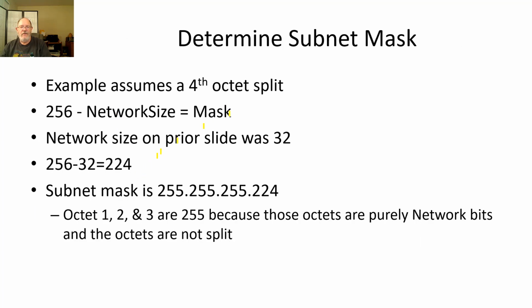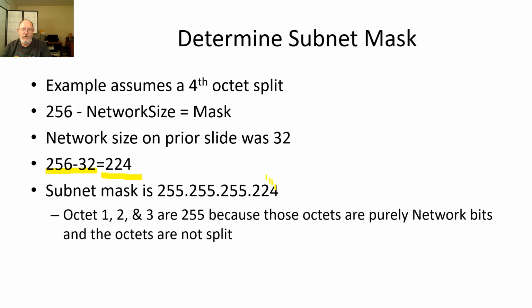Now here's the fun part: determining your subnet mask. This is so amazingly simple, I can't believe it. You basically take 256 and subtract the size, in terms of total IP count that you need, on a binary boundary, and that's going to give you your subnet mask.